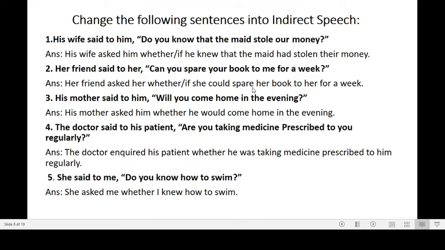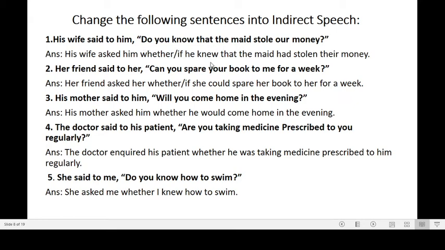So these are some of the other examples which are given in your textbooks and the answers are being given here. And see, I take up just one question with the answer. His wife said to him, "Do you know that the maid stole our money?" Here, this is an interrogative sentence and this is a yes or no question because it has started with a helping verb and it is in simple present tense.